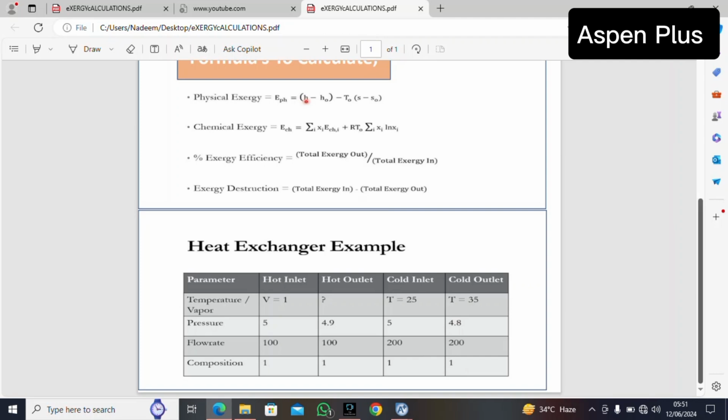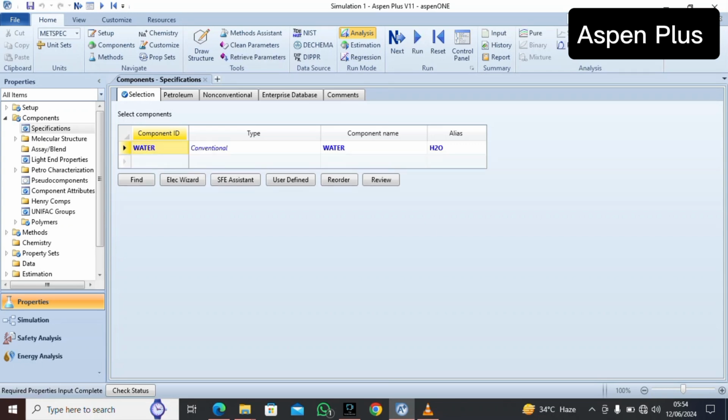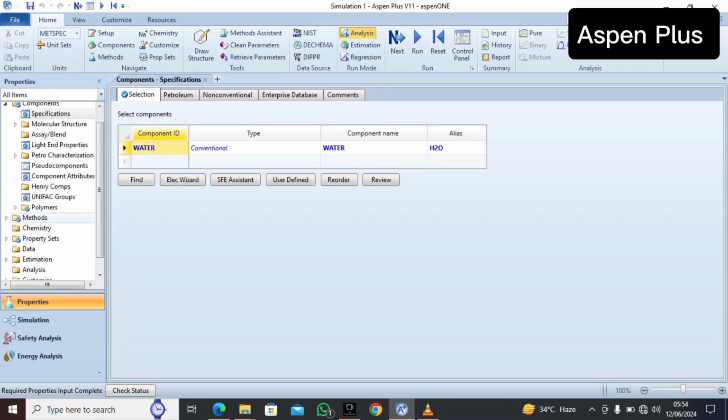So now we move toward Aspen Plus, putting in components, choosing methods, and going to the simulation environment to calculate exergy. Here we add the component, water, then click on method.